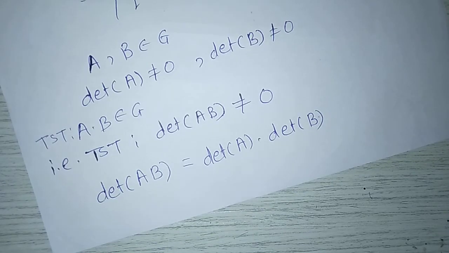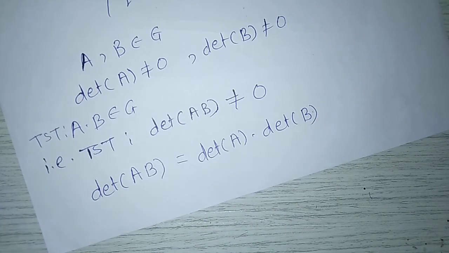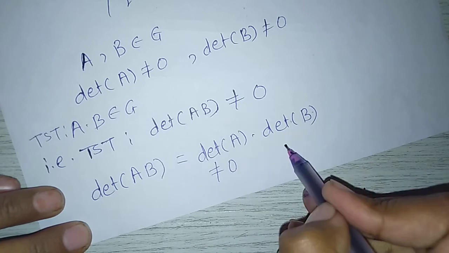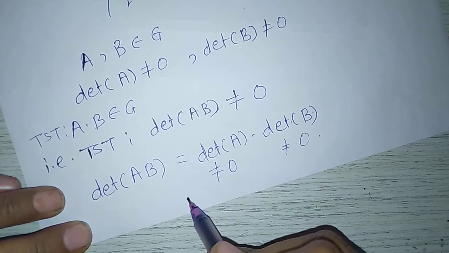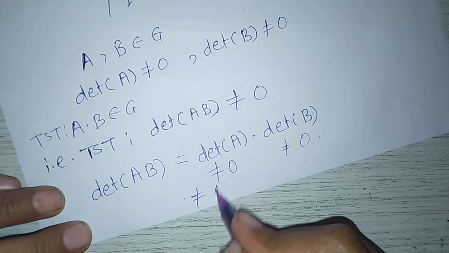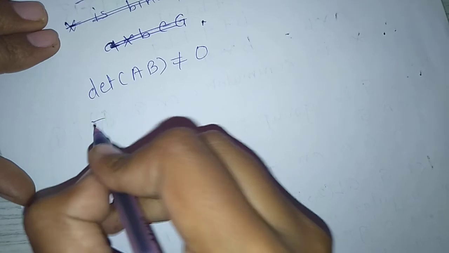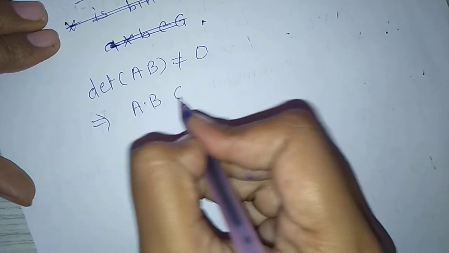But determinant of A is not equal to 0 and determinant of B is not equal to 0, therefore their multiplication is also not equal to 0. Therefore, determinant of AB is not equal to 0, which implies AB belongs to G.